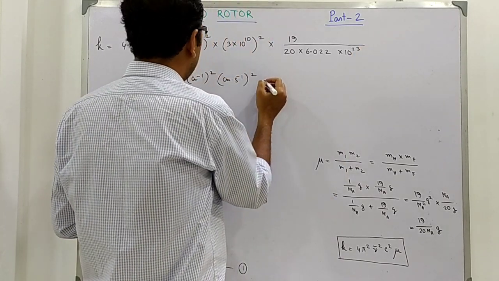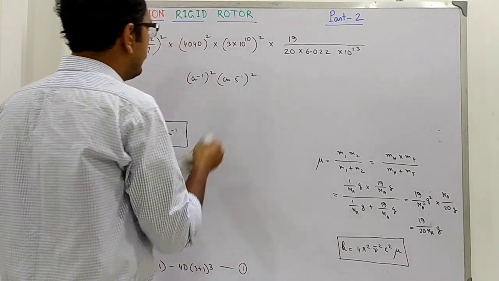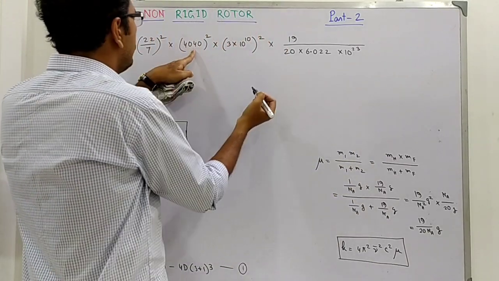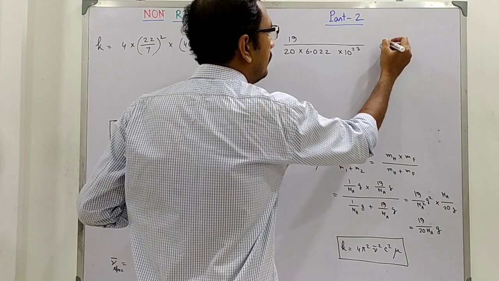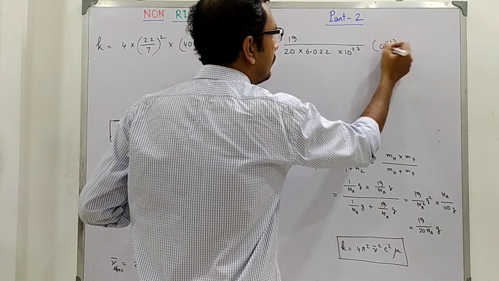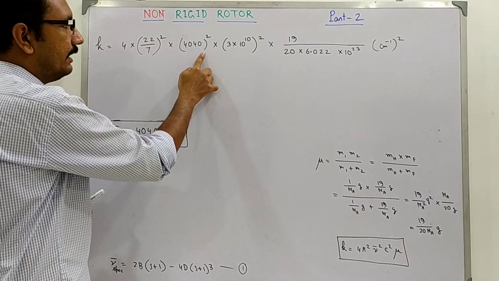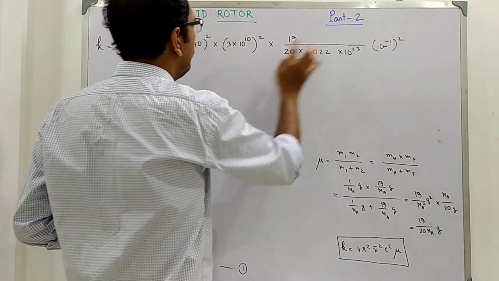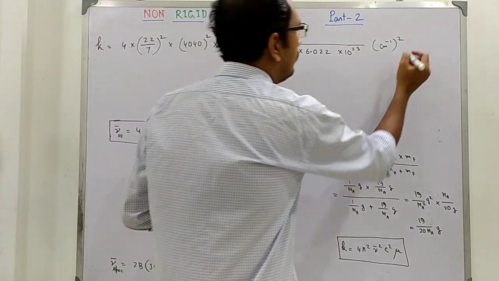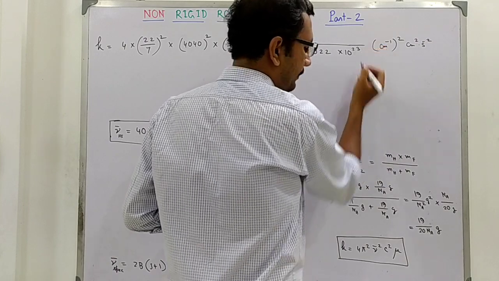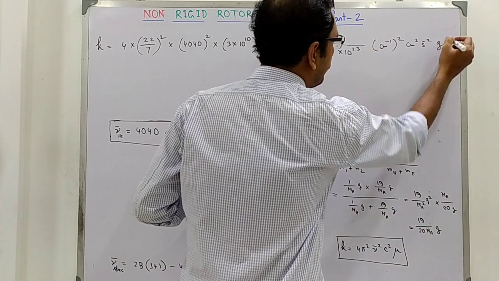So let us take all these dimensions to the above line. So for this it will be centimeter inverse squared. See here it is centimeter inverse and we have square here, so it will be centimeter inverse squared. It is centimeter per second squared, so it will be centimeter square per second square and we have a gram here.